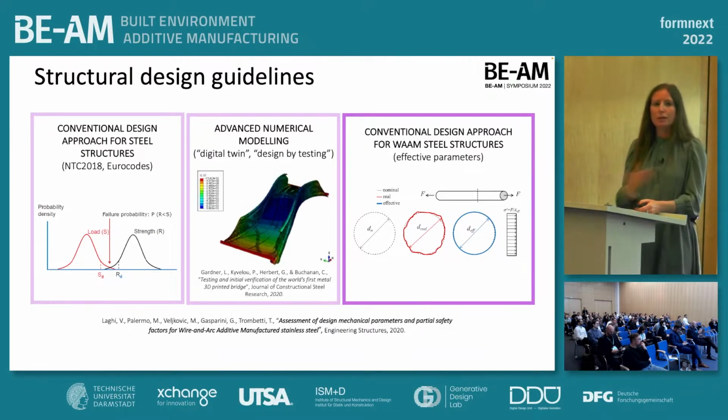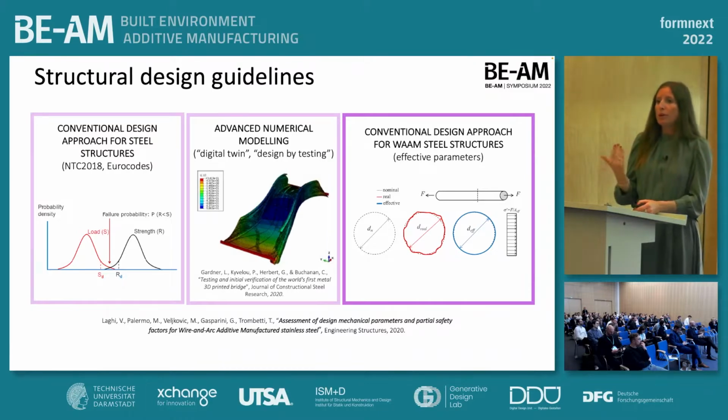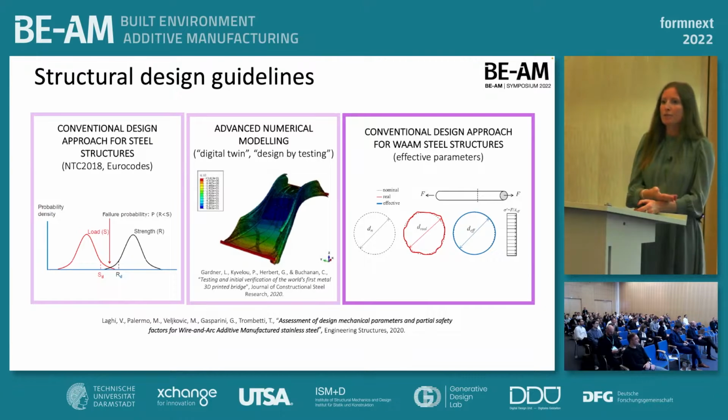This is not true for additive manufactured pieces. One way to go would be advanced numerical modeling, having a whole digital twin of your entire structure and performing what is called design by testing. But this is not feasible for every type of project. It can be done for very high-end projects, but not for everyday, conventional use.